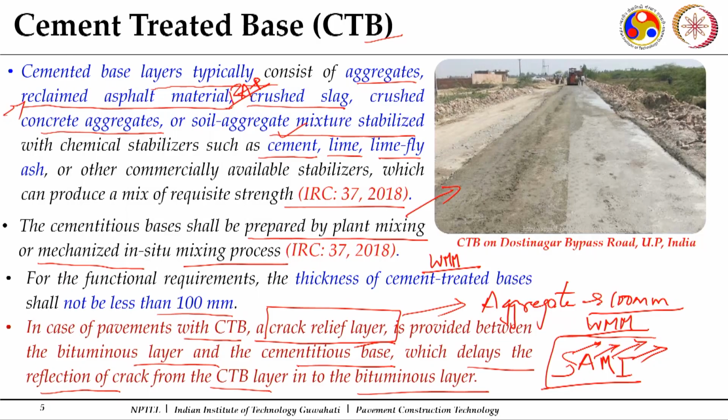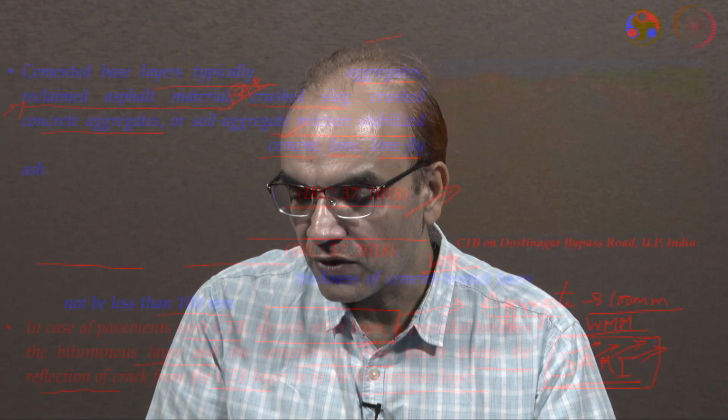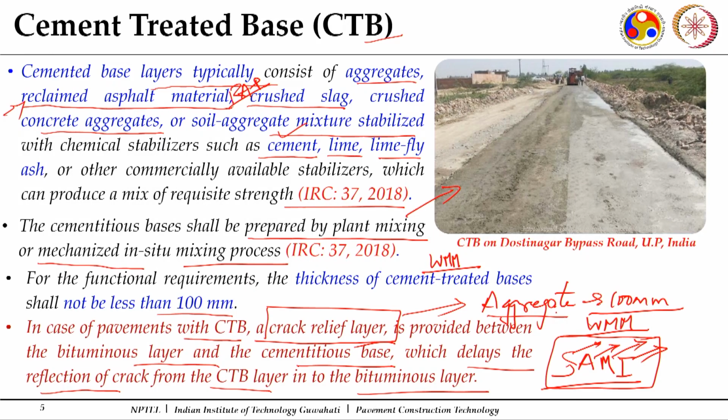When this stress absorbing membrane interlayer is there, because a high content of elastomeric modified bitumen is applied, it arrests the cracks from moving to the upper layers, and similar is the function done with the help of an aggregate crack relief layer.